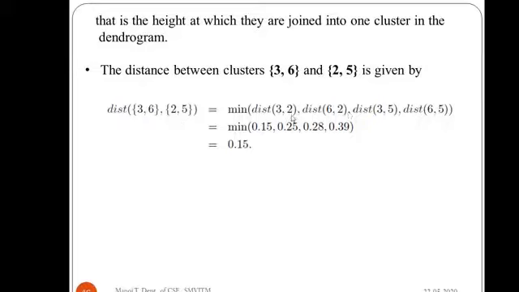Already those distances are given to you in the table 8.4. So for 3, 2 it is 0.15, for 6, 2 it is 0.25, for 3, 5 it is 0.28, and for 6, 5 it is 0.39. Out of this the minimum is 0.15, so we are going to consider 0.15 as the distance between 3, 6 and 2, 5.